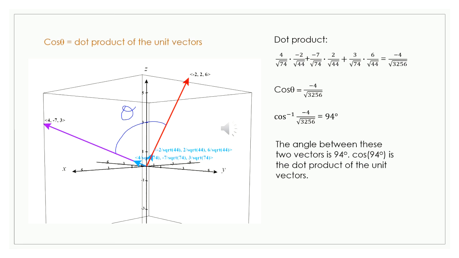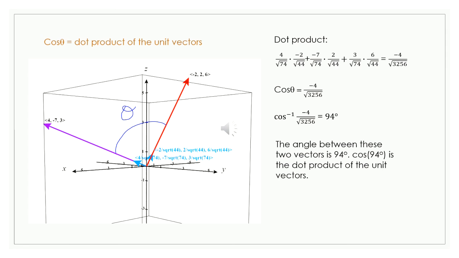And then you add those products, and in this case we get -4 divided by the square root of 3,256, because 74 times 44 equals 3,256. So cosine of the angle we're looking for is equal to that number.